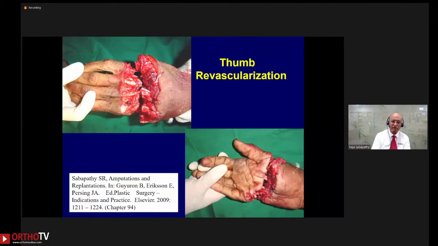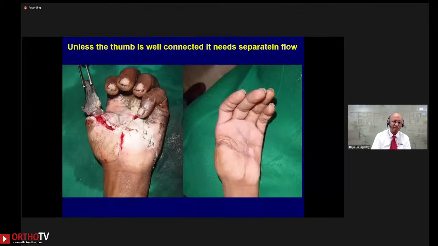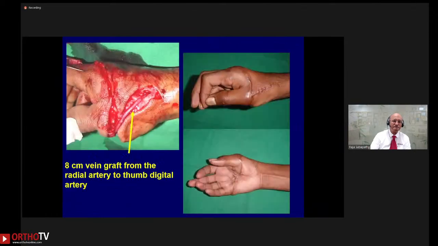This is a very important point. If you have a transmetacarpal replant, I always see the amount of connection here. If the connection is not good, that means you need to use a separate inflow to the thumb. If you don't, initially it looks good, but then the thumb will go. How do we get this?